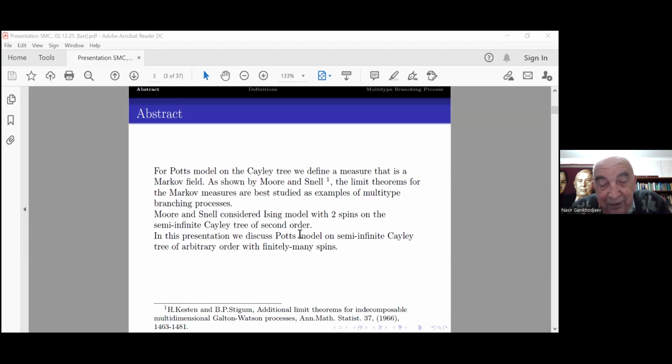Others know this much better, for example Sadullah or my colleagues, whom I see. They are specialists. This is my first experiment with branching processes. For me it was interesting only how we can apply Kesten-Stigum results to models of statistical physics.